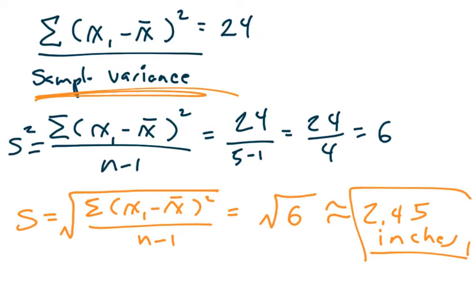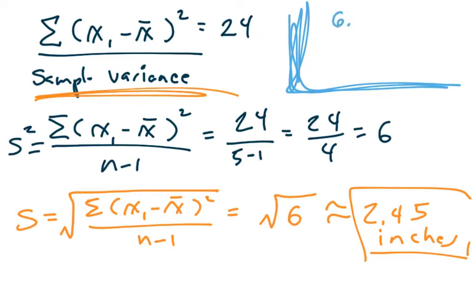So the question is, what does this mean? Okay, so what it means is that on average, the heights of the players on Team 1 vary from the mean height of 75 inches by 2.4 inches. Okay? So if you happen to calculate Team 2's standard deviation using the same method, sample standard deviation, you would find out that their standard deviation is 6.2 inches.